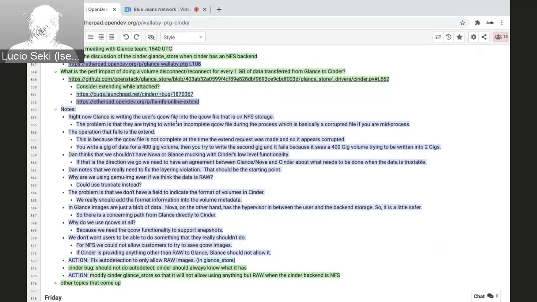And the solution is to do nothing from the Cinder side and just let Nova perform the extend operation.